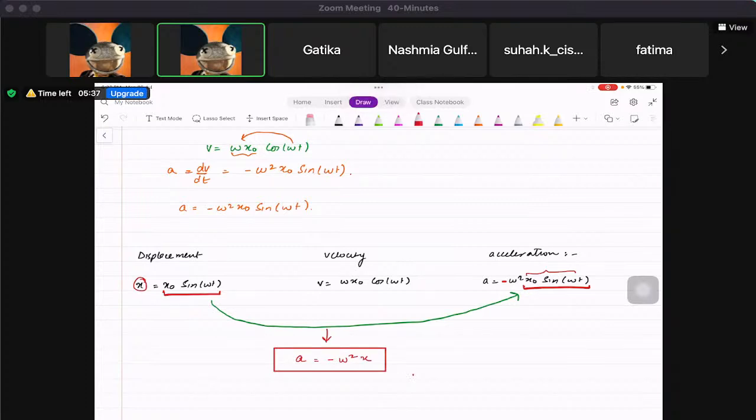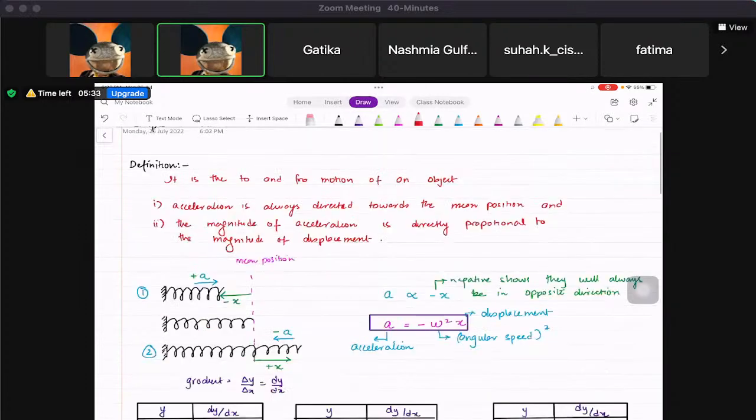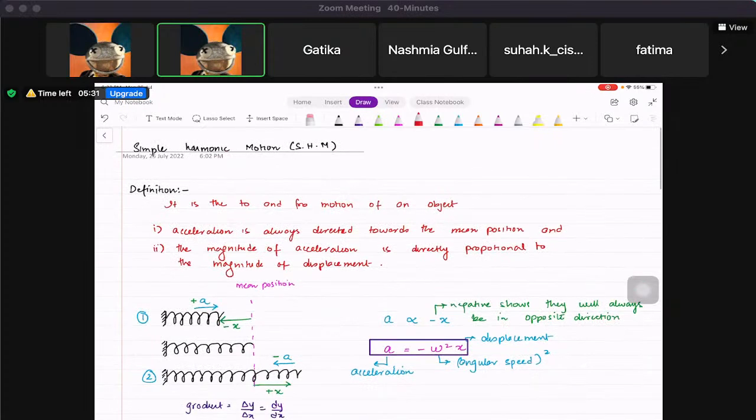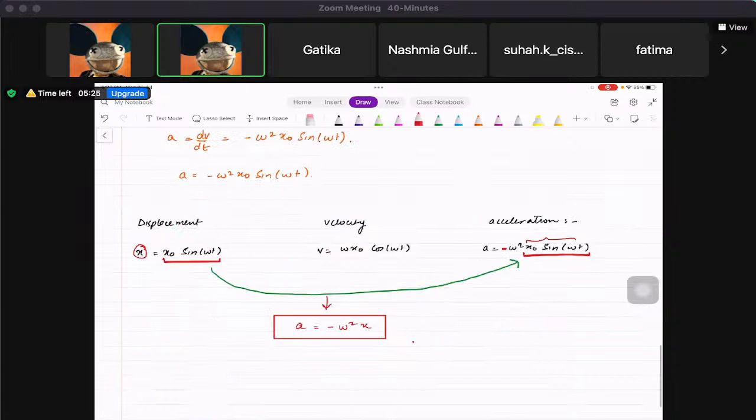This equation is the same one that I claimed in the first part is the equation of SHM. Through that example we have proved that the magnitude of acceleration is directly proportional to displacement, and they are always in the opposite direction to each other, or you could say acceleration is towards the mean position. Everybody understands now?